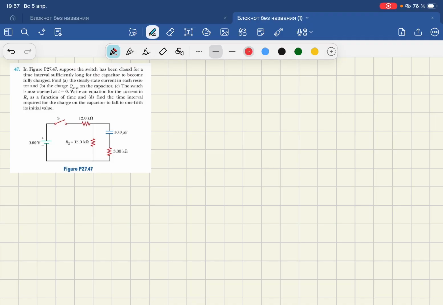So let's consider this problem. In part A, first of all, let's write the givens. The EMF of the circuit is equal to 9 volts, and we have R1, the first resistor, equal to 12 kilo ohm.